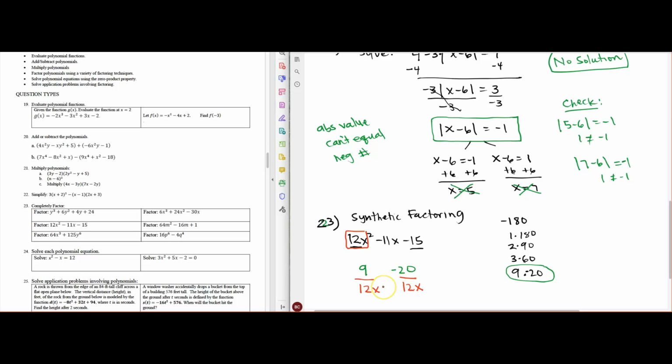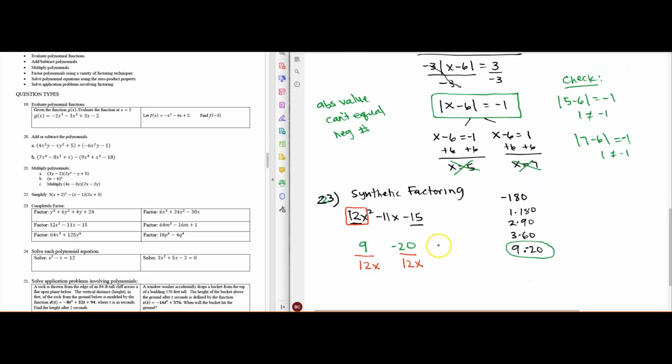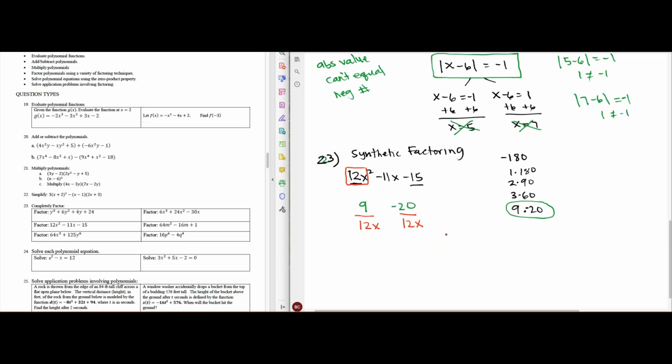Really, what I'm going to end up doing here is just simplifying these fractions. Reducing the first fraction, I can see that 3 divides into both of those, leaving 3 there and this will be 4. Here I can see that 4 divides into both of these, leaving 3 and negative 5.